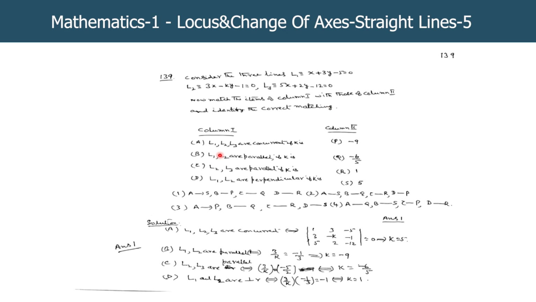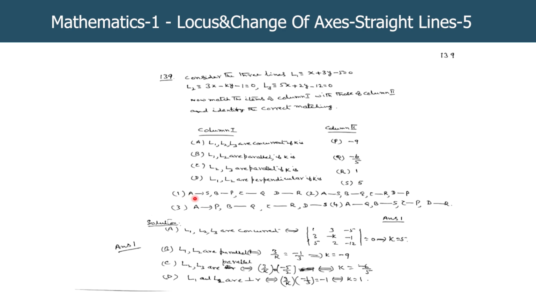So column number 1: A, L1, L2, L3 are concurrent if k value is; B, L1, L2 are parallel if k value is; C, L2, L3 are parallel if k is; and D, L1, L2 are perpendicular if k is. In column 2, you are given P minus 9, Q minus 6 by 5, R 1 and S 5. And the options are given.